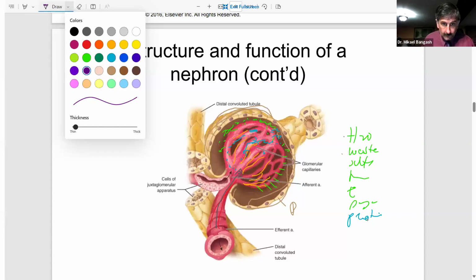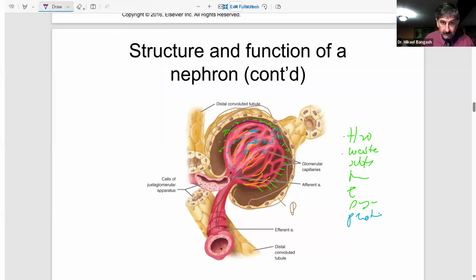But guys, that's okay. If you look at this structure here, the glomerulus, along with the Bowman's capsule, this is what we will call a renal corpuscle.